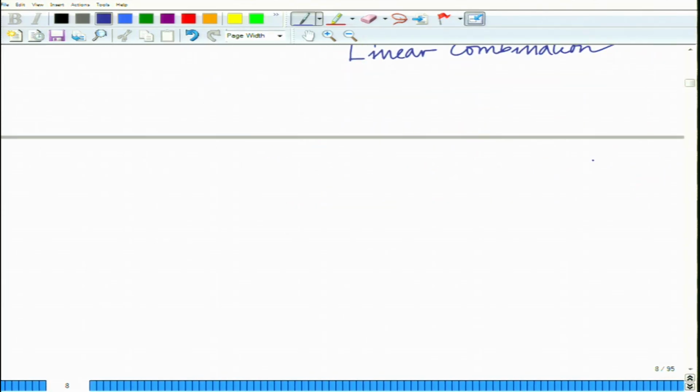All right. Now, what is linearly dependent? Else they are linearly dependent, or let us look at this concept of linear dependence.